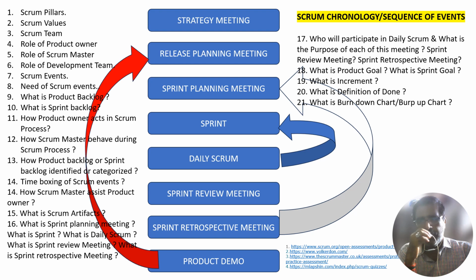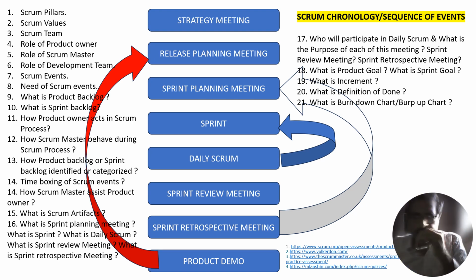Now sprint review. The purpose of the sprint review is to inspect the outcome of the sprint and determine the future adaptations. The Scrum team presents the result of their work to the key stakeholders and progress towards the product goal is discussed.